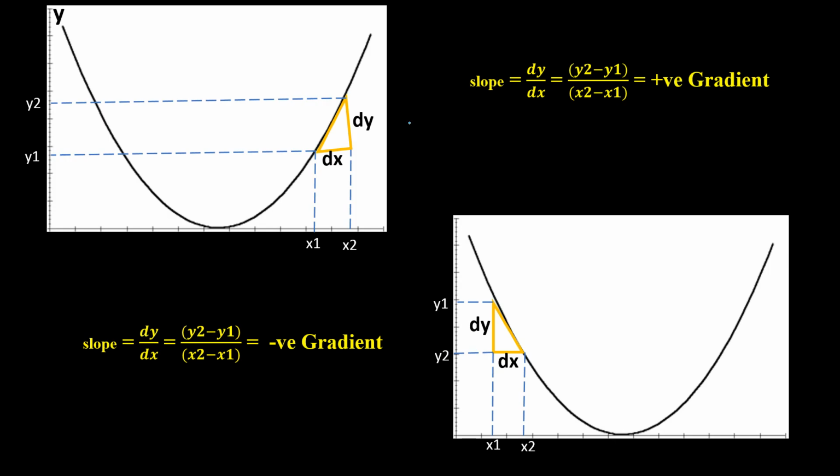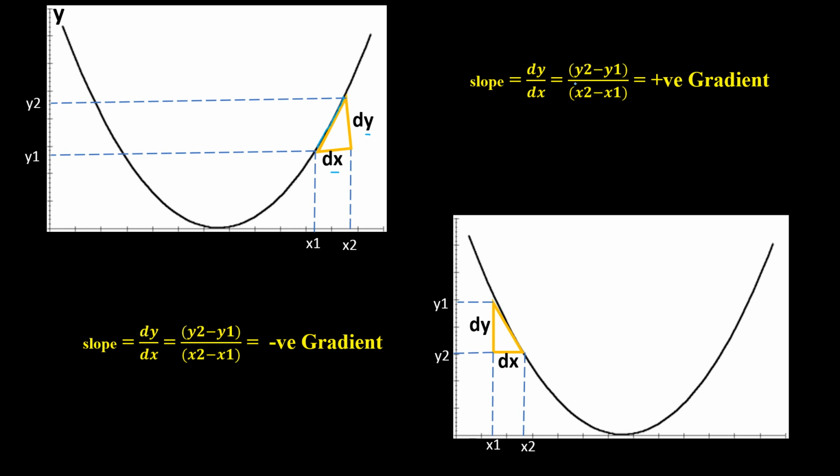Let's take these two pictures and look at the first one. We have to compute the gradient, which is the slope, at this point. We have to measure the change in y with respect to change in x, or dy by dx.